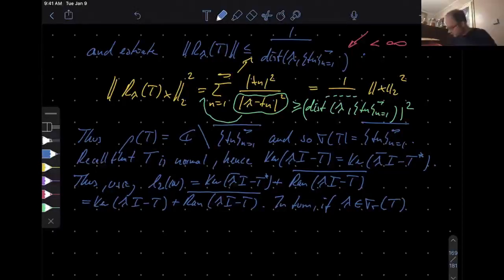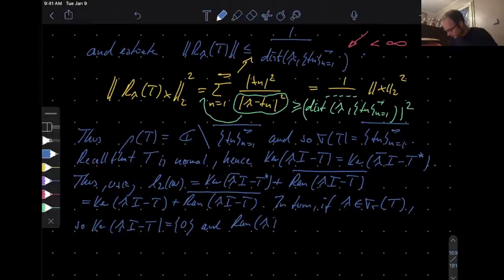That means the kernel is trivial. So kernel lambda I minus T is just a zero vector space, and the range is not dense. Right? This is what the residual spectrum does.